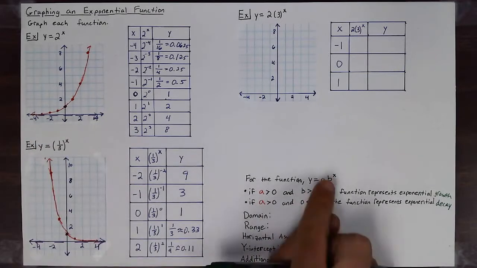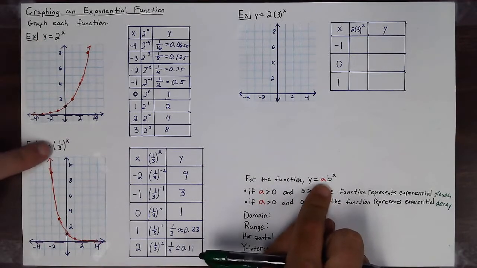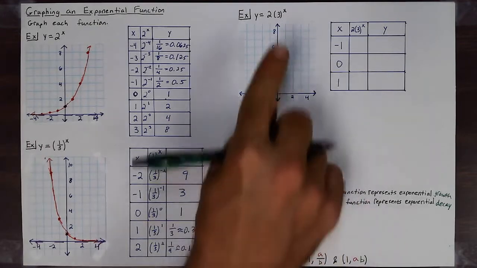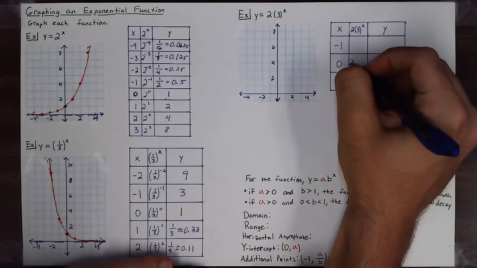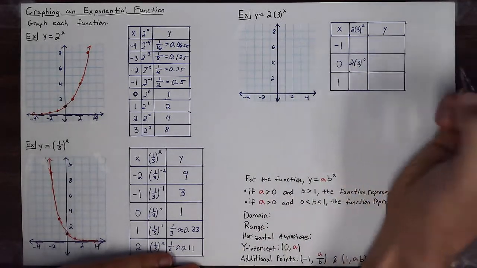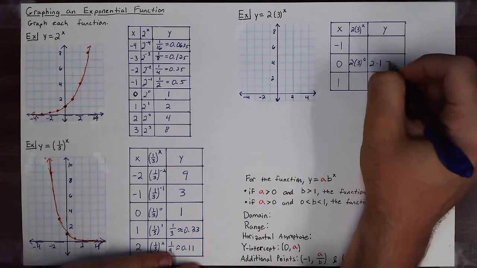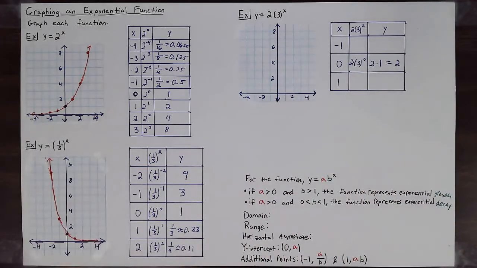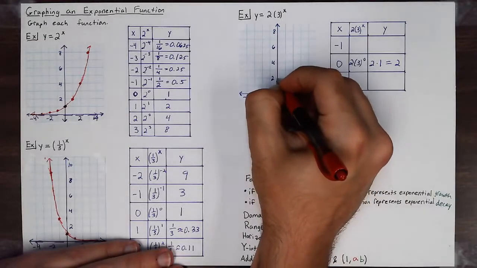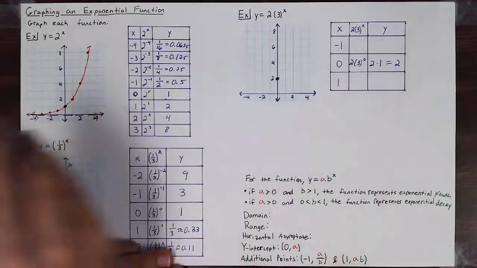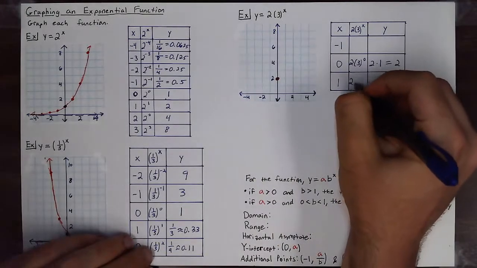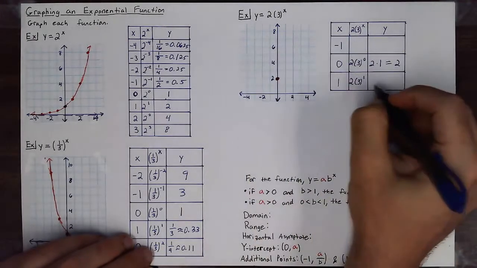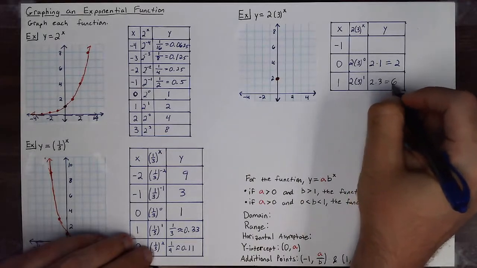Now let's see what happens when a, the number that's in front of the exponential function, is something other than 1. So let's say it's 2 times 3 to the x. So if I start with 0, I'll get 2 times 3 to the 0th power. So that's just 2 times 1, which is 2. So my y-intercept is at (0, 2). And when I plug in 1, I get 2 times 3 to the 1st, which is just 2 times 3, 6.